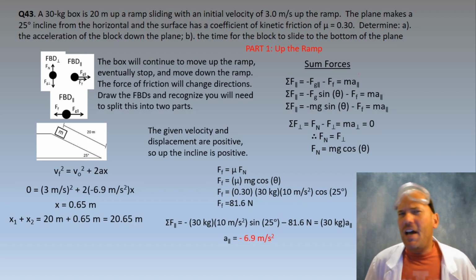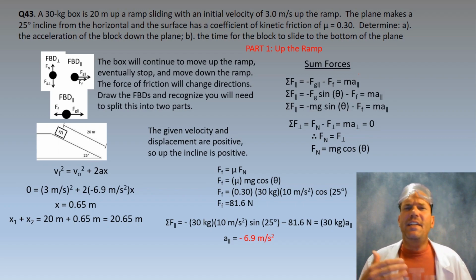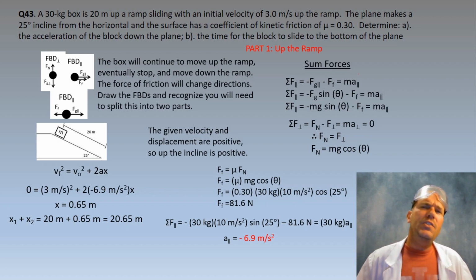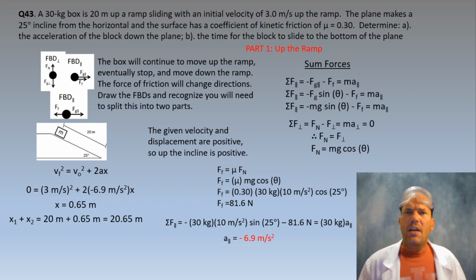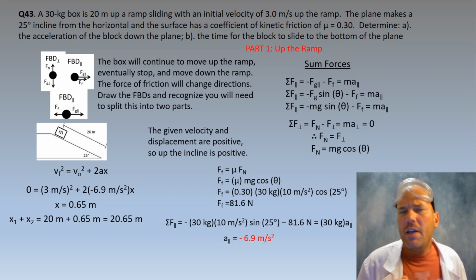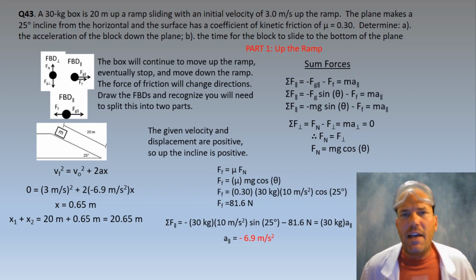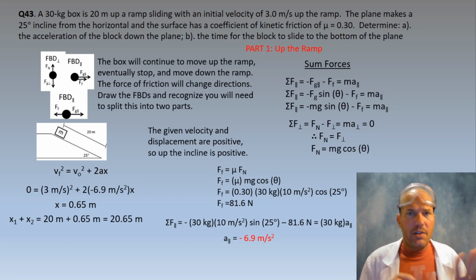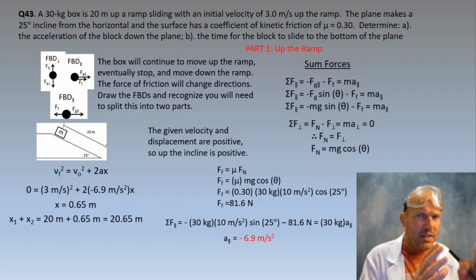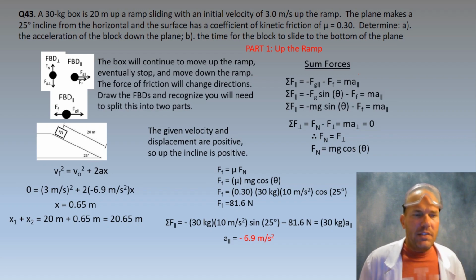If we use velocity final squared equals v naught squared plus 2 multiplied by the acceleration and the change in position, and we acknowledge that when this box is at the top, when it stops, now the acceleration will still be there, but when it stops, its velocity equals 0.